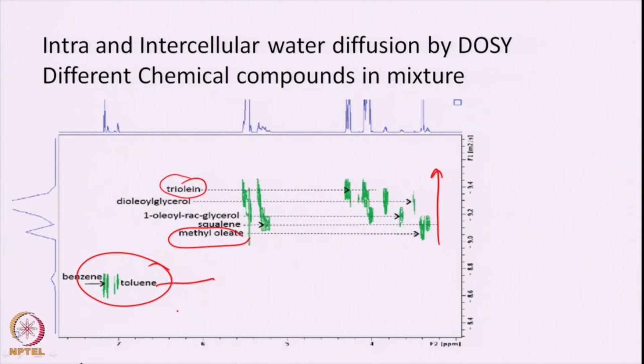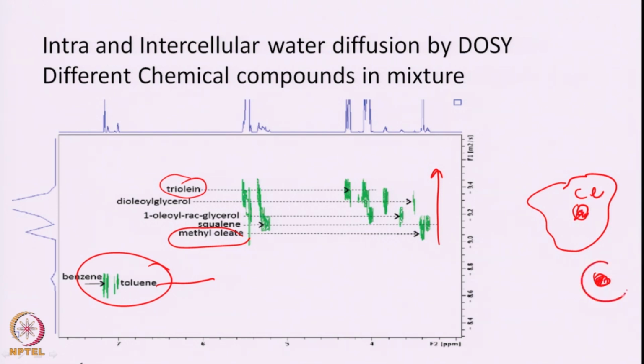Now, this also can be used to understand the water in the cell and outside the cell. A cell can have two kinds of water, one water inside and one outside. So, this is a cell and this is your water molecule.